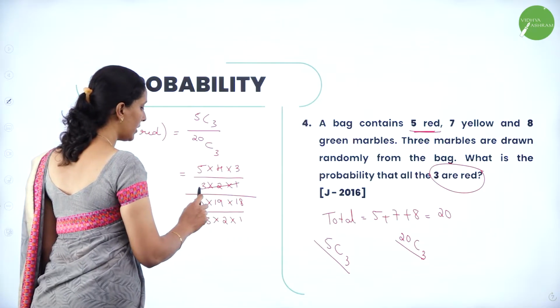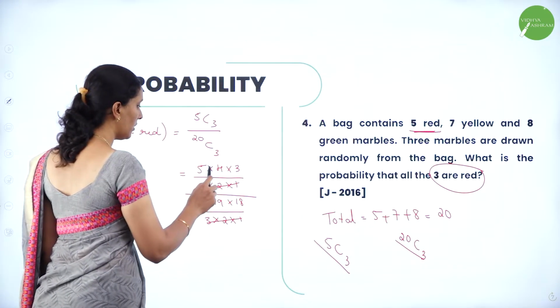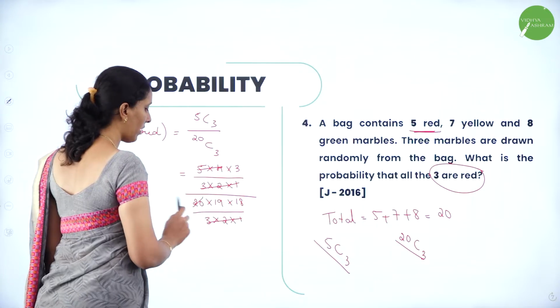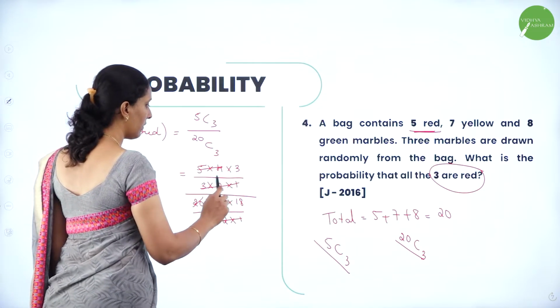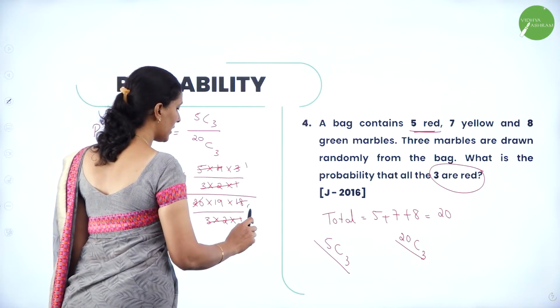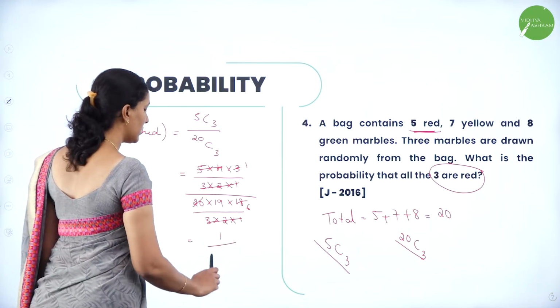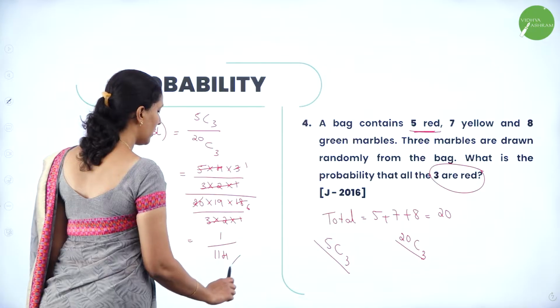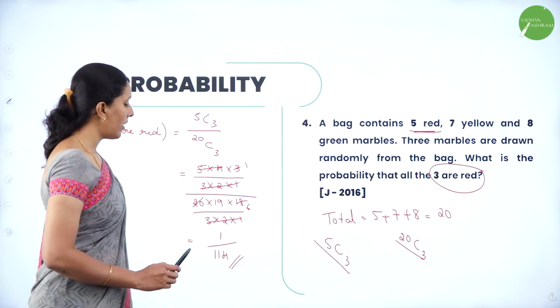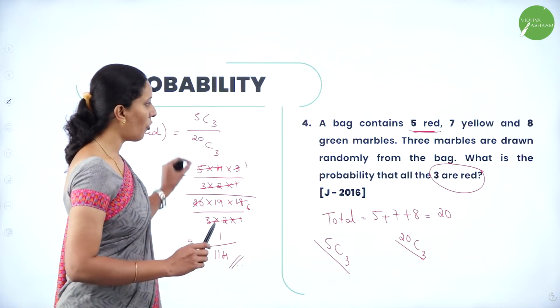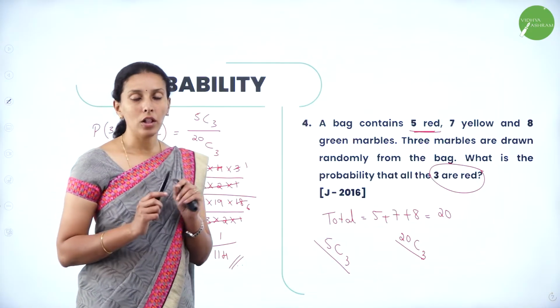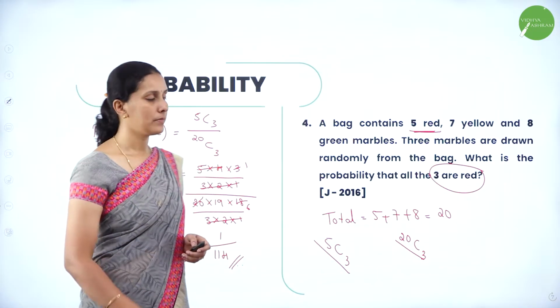We can cancel 3 2 1 with 3 2 1 here. 5 4s are 20, 5 4s are 20. So, here we have 3 1s are 3, 3 6s are 18. So, we have 1 in the numerator. 19 into 6, 114 in the denominator. So, 1 by 114 is the value of the probability that all the 3 of them are red.